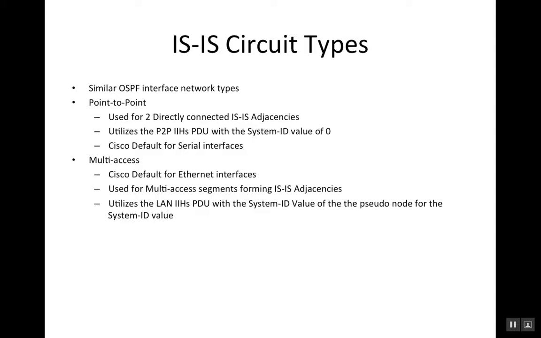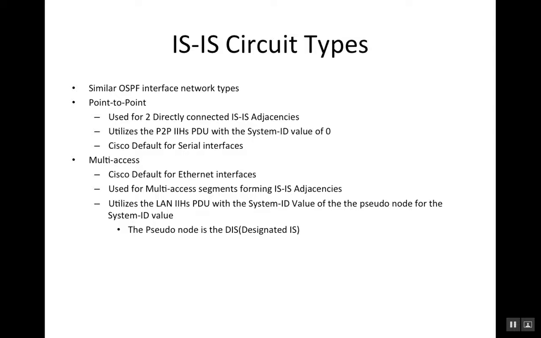What that means is, similar to OSPF where you have your designated router, ISIS has that same concept with the pseudonode, and the pseudonode is actually called the designated intermediate system.